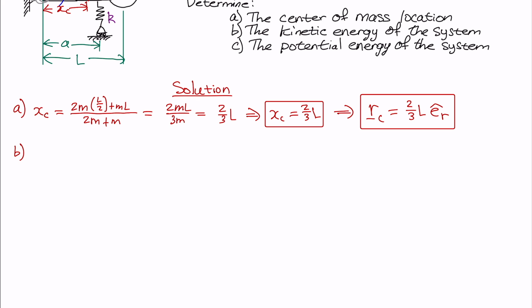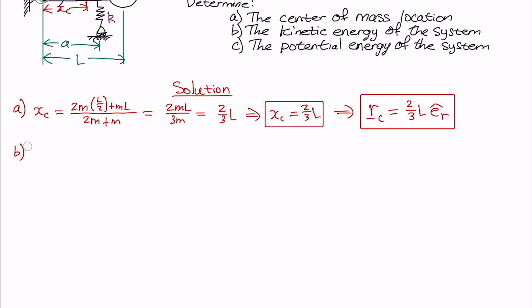Okay, so for kinetic energy, we have two options. We can either directly use the parallel axis theorem to find a mass moment of inertia and then just use rotational kinetic energy, or we can use the general formula. We'll deal with the moment of inertia way, or parallel axis theorem way, first, and then we'll deal with the general formula, and we'll show how the parallel axis theorem is baked into that general formula.